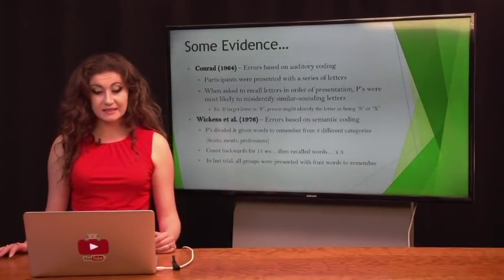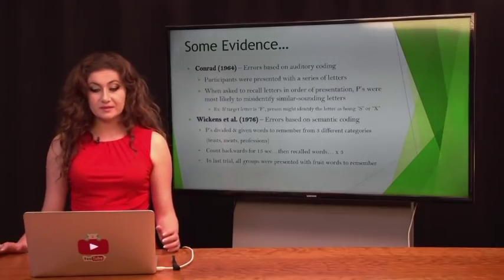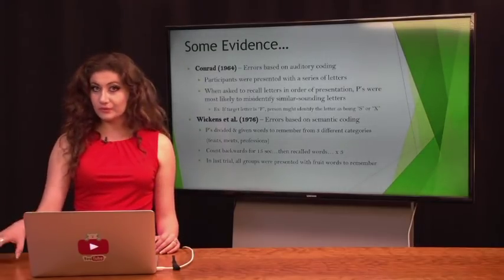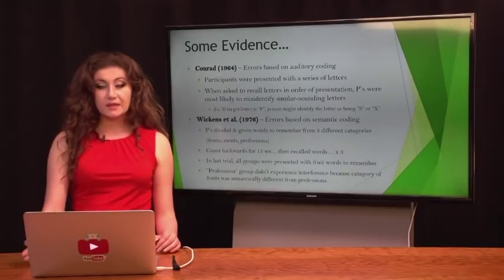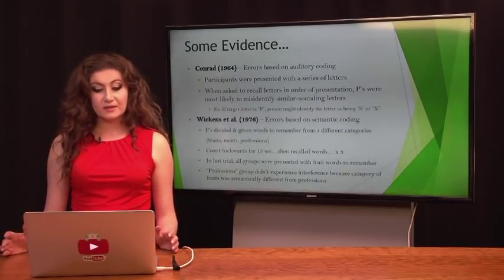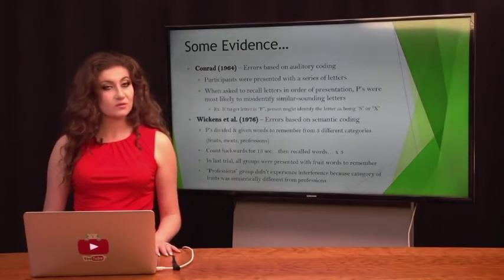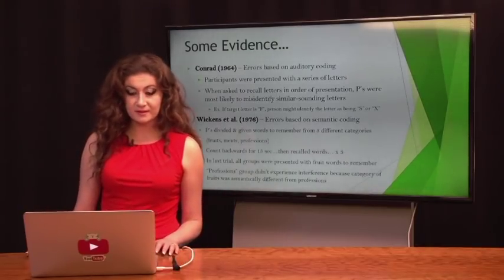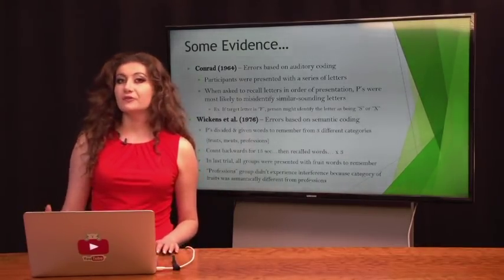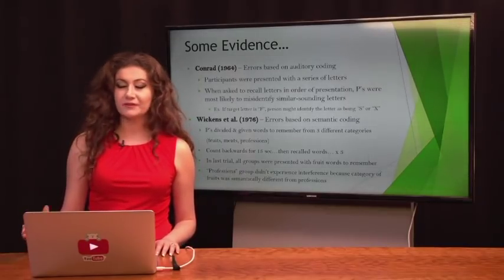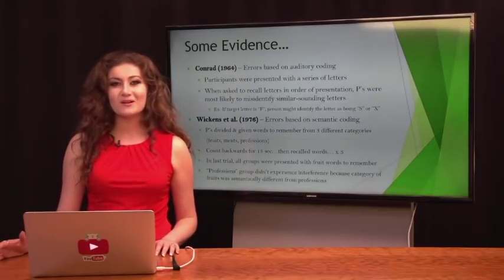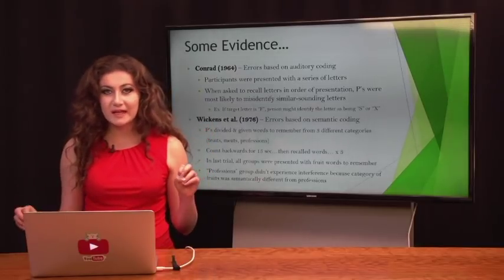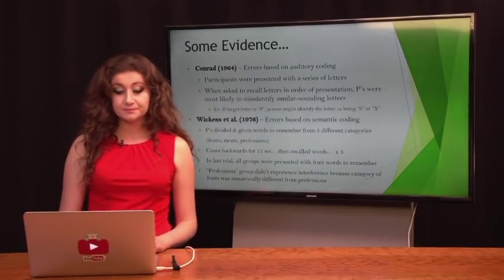So what happened was, in the last trial, when all of the participants were presented with the fruit words that they had to remember, the people in the professions category did not experience any interference whatsoever because their category was so semantically different from fruits. Fruits and meats are both in an edible category, right? They're related to food.